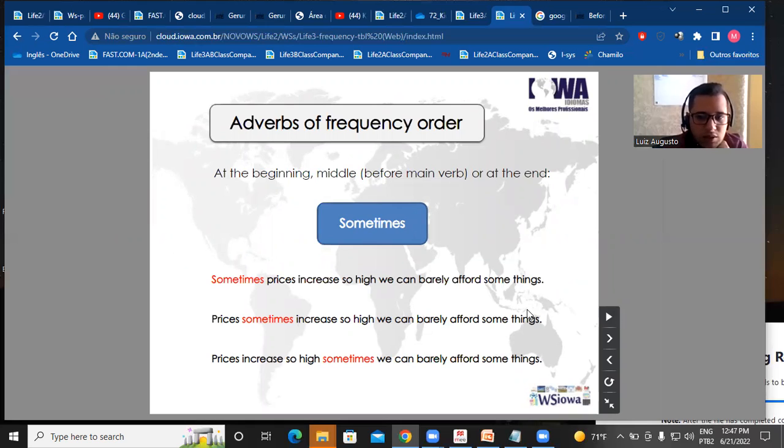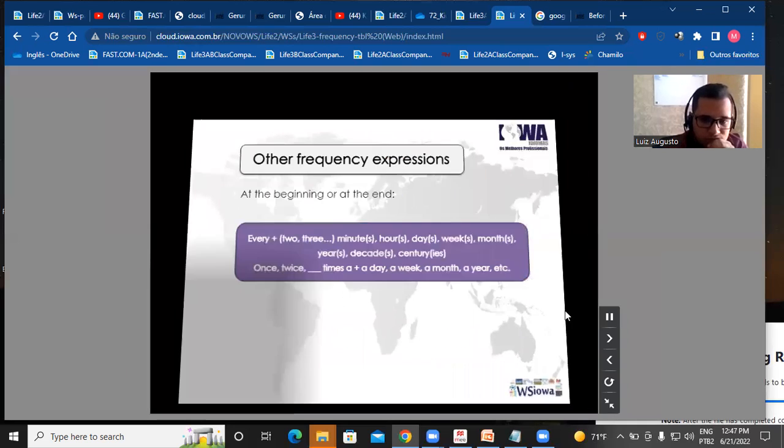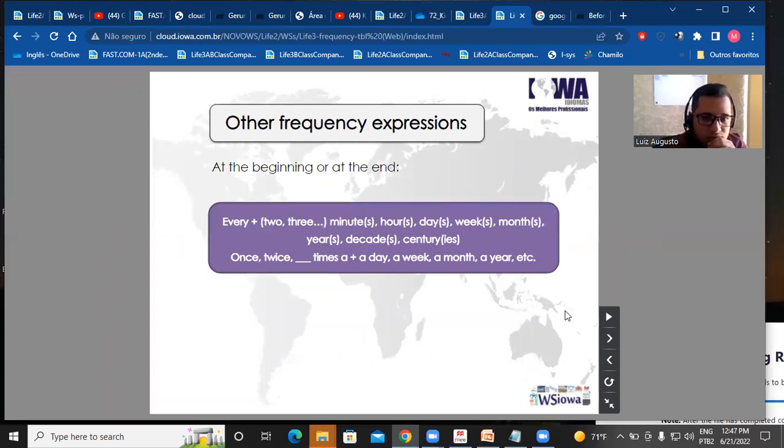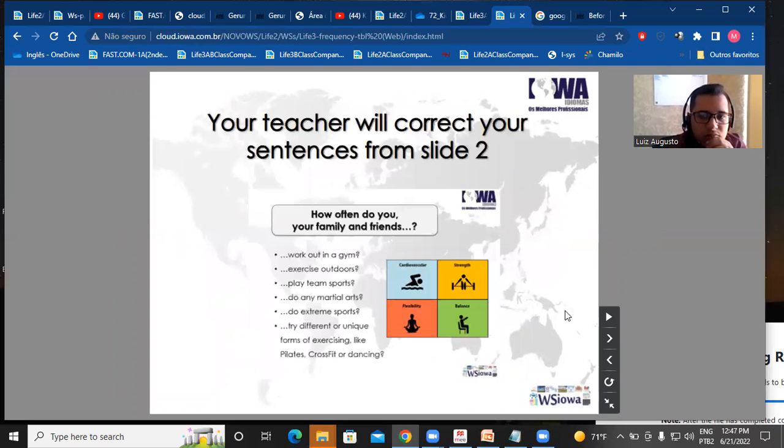So it's an exception, yes, because the normal is the second option here, okay? The frequency expressions every and quantity of times go at the beginning or at the end of the sentence, okay? Okay, good.